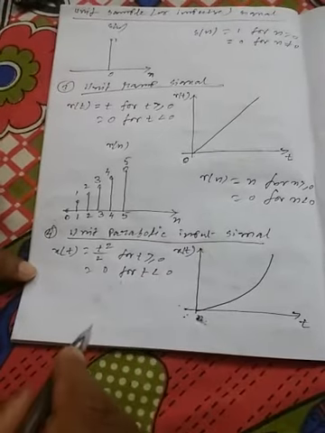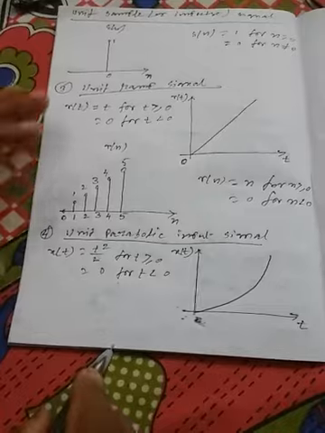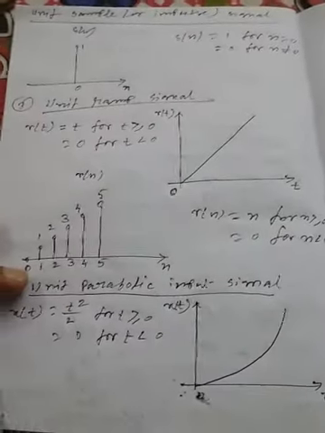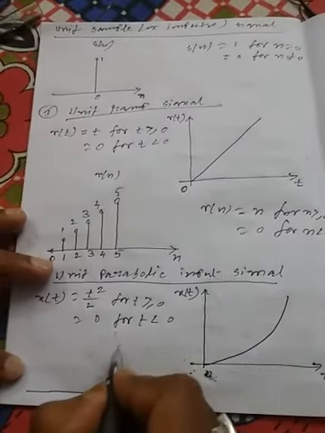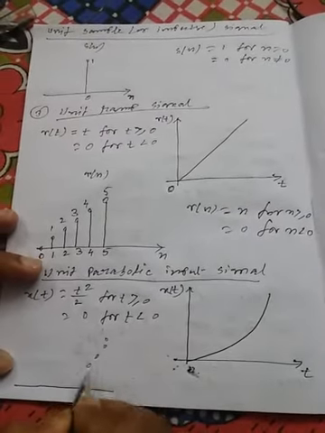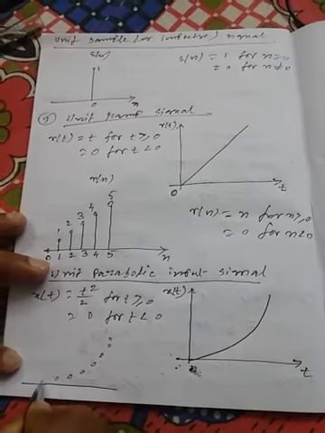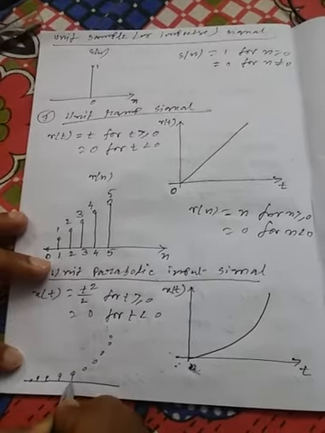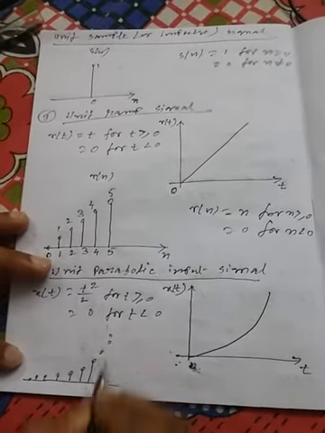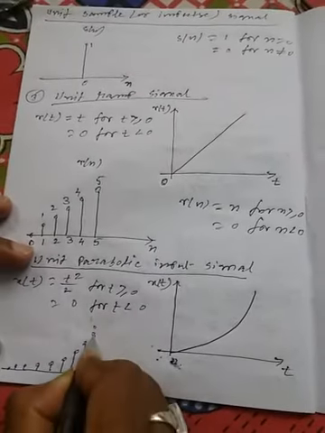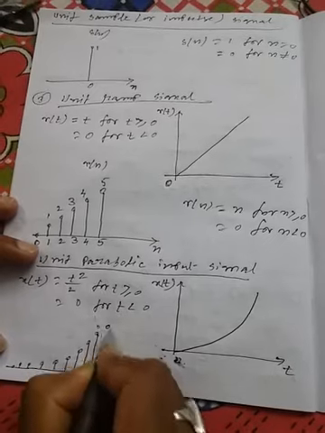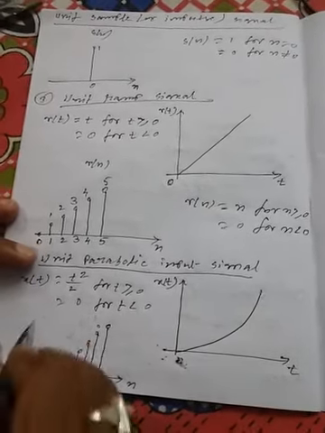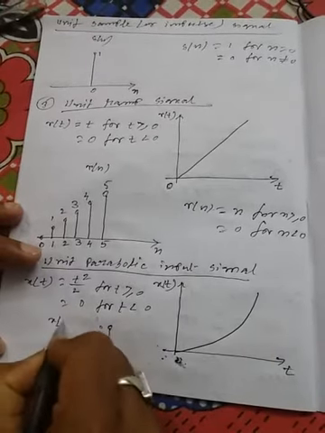Now in discrete time domain, the graph of this signal looks like this way. This is n and this is x of n.